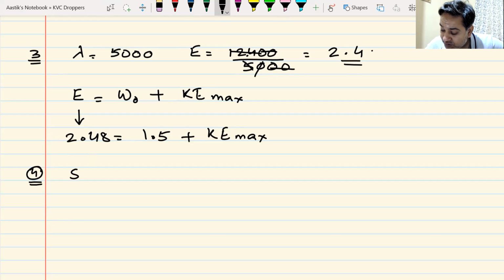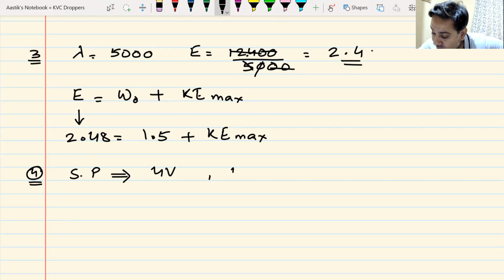I'll write the question like this. The stopping potential of electrons which are emitted from a metal surface is 4 volt.